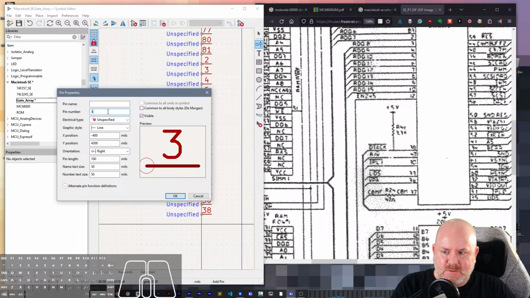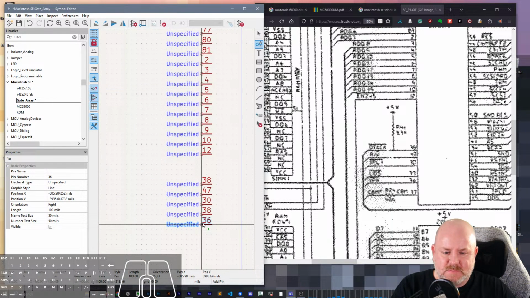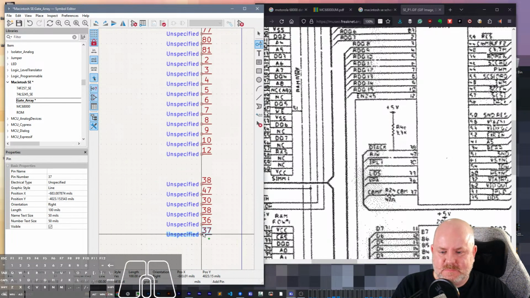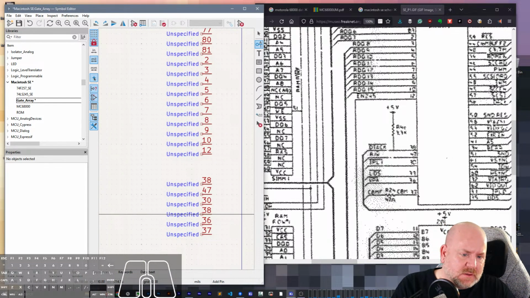And then this would be 36. And this is 37. 37, because it looks to me like it's 37, 38, 36. But then this looks like 47 and 30. I don't know.